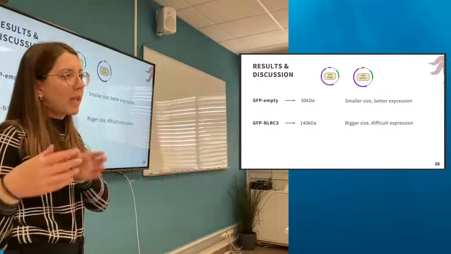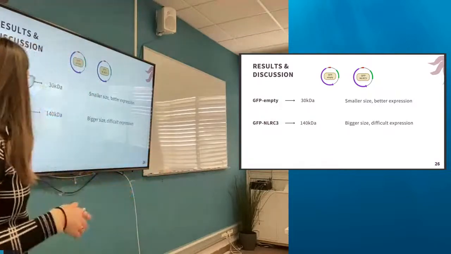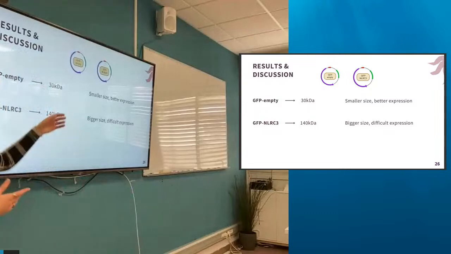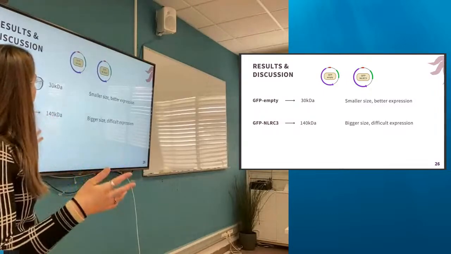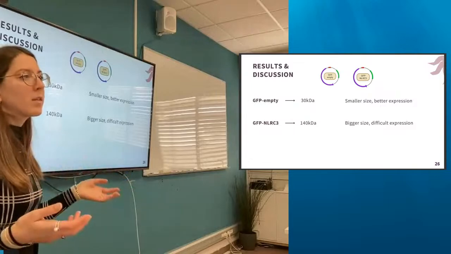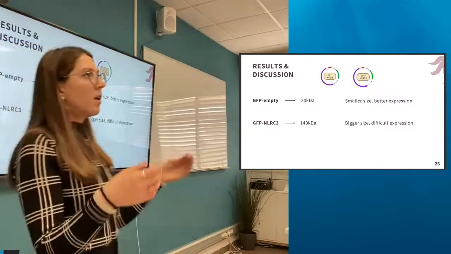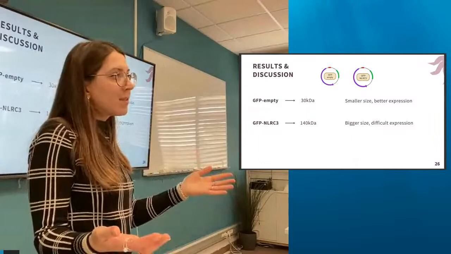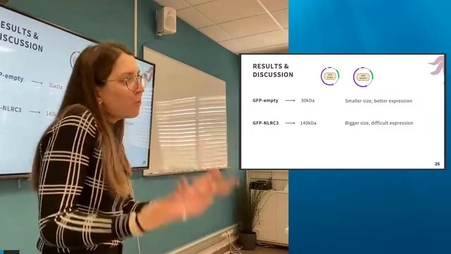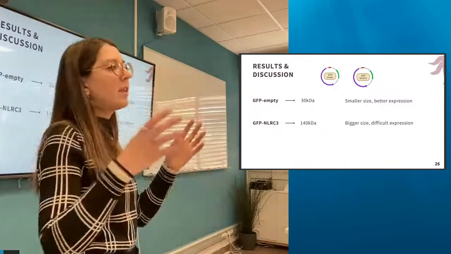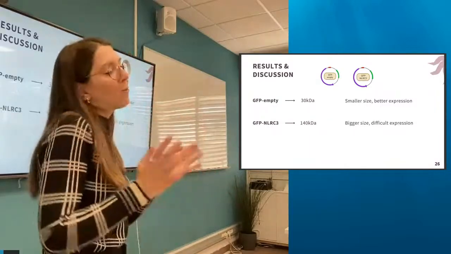And also with HA, we had better results compared to GFP, which has the highest size. So what we hypothesized was that the size could have an effect on the expression. Let's say you put something very big in the cells and they would struggle more to reproduce it. That's the idea, what we thought.